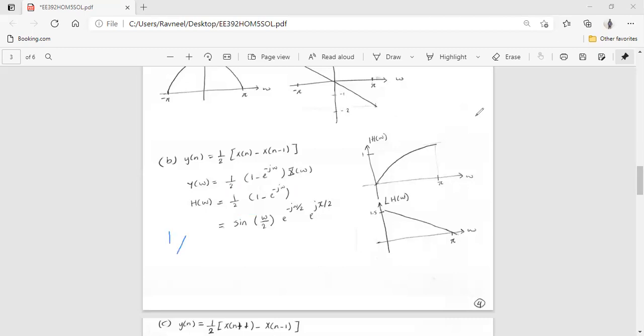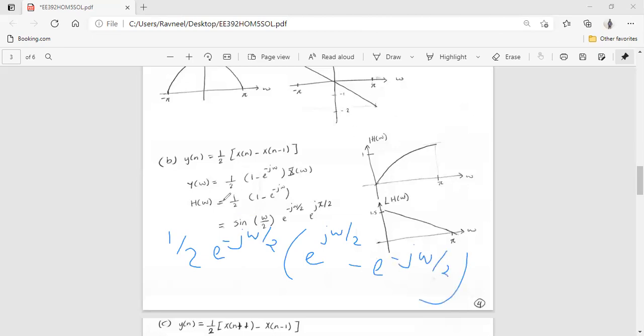excuse me, I'm having a little bit of difficulty writing on this screen. So that will be half into e to the power of minus j omega upon 2 into e to the power of j omega upon 2 minus e to the power of minus j omega upon 2, right?